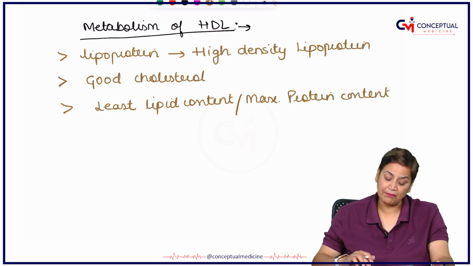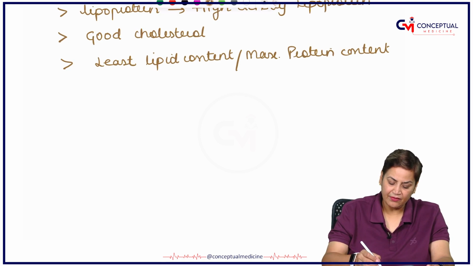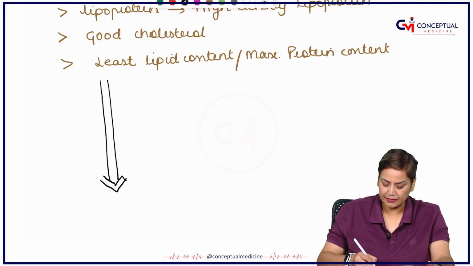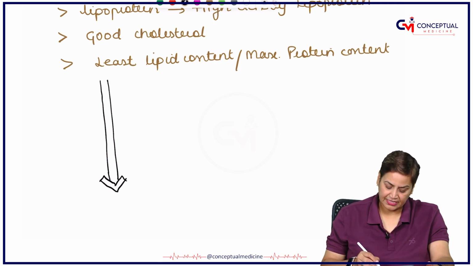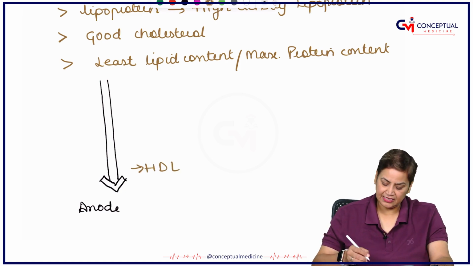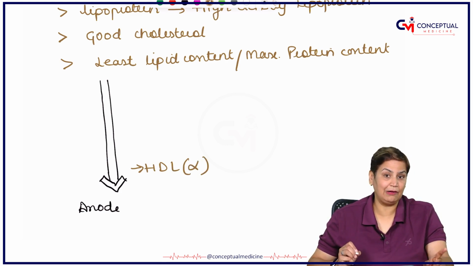If it has maximum protein content, whenever these lipoproteins are separated on the basis of electrophoresis, the fastest moving fraction towards the anode is HDL. So HDL is also known as lipoprotein alpha.